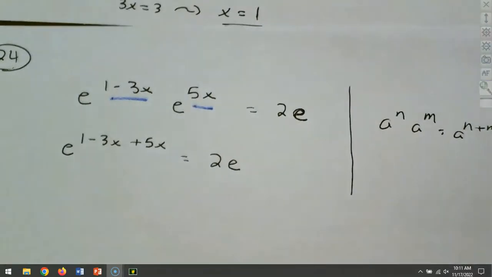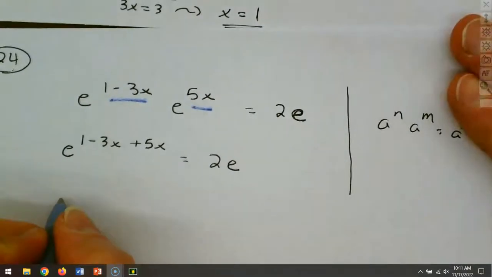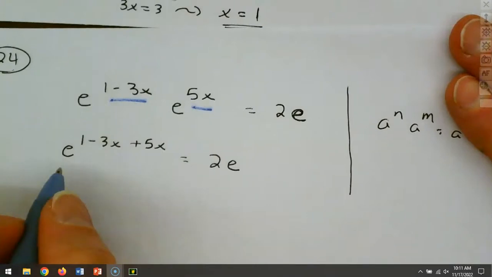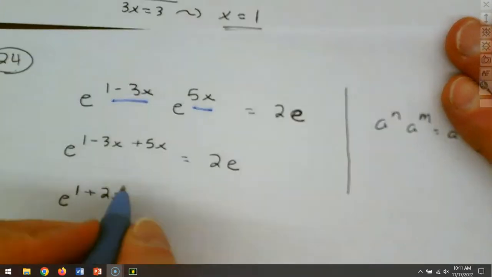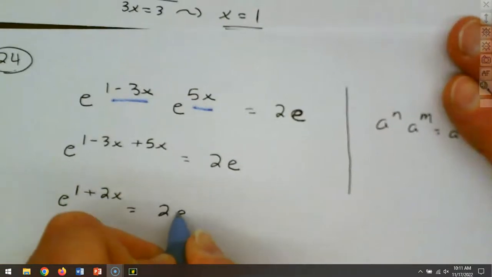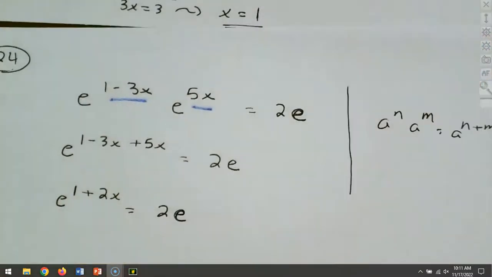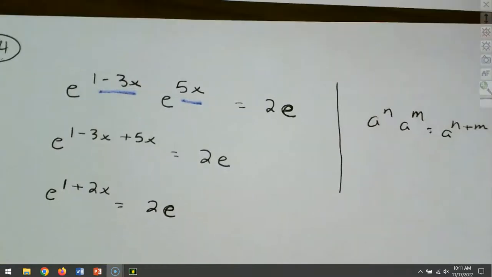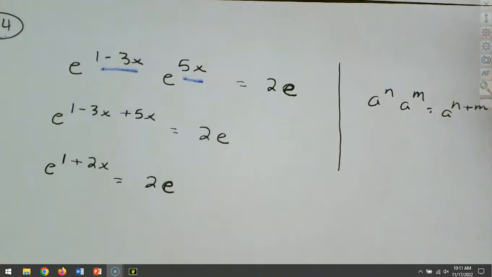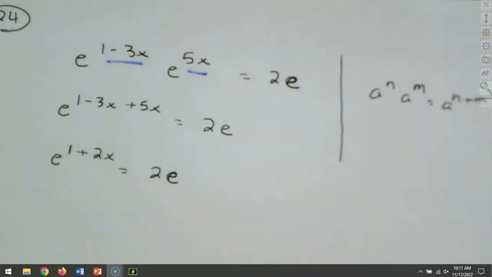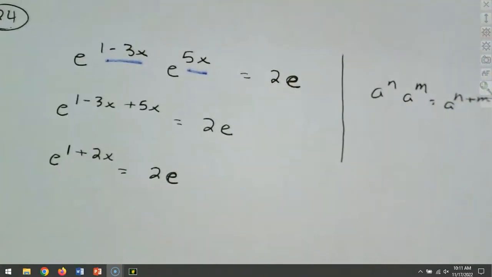So what's next? Well, we can combine. We can put those together, and that's going to be e to the 1 plus 2x equals 2e. Okay, and what else can we do? We've got some different properties that we can work with. We can take the natural log of both sides, because a natural log and an e clear each other out.